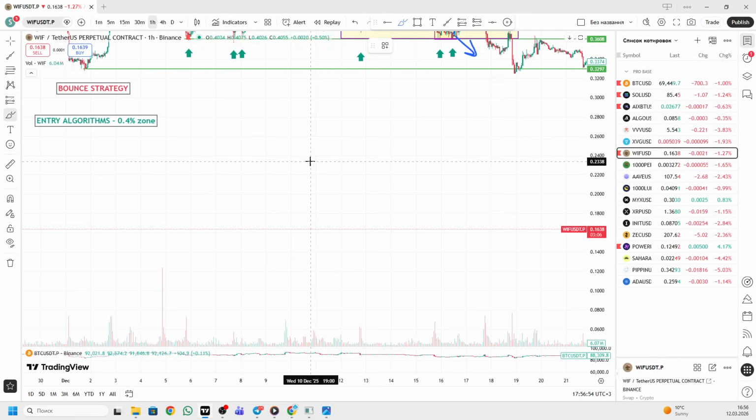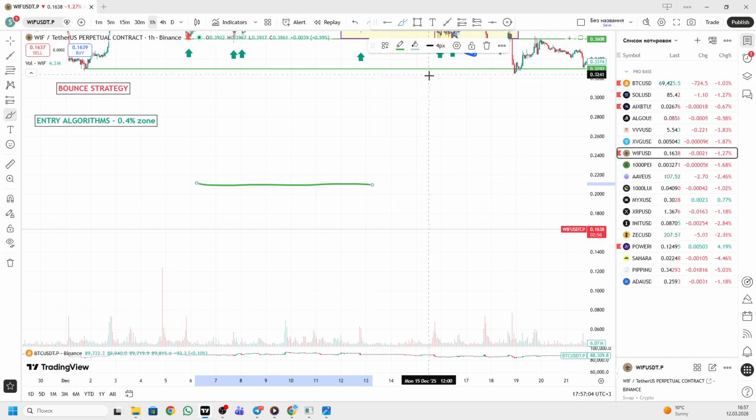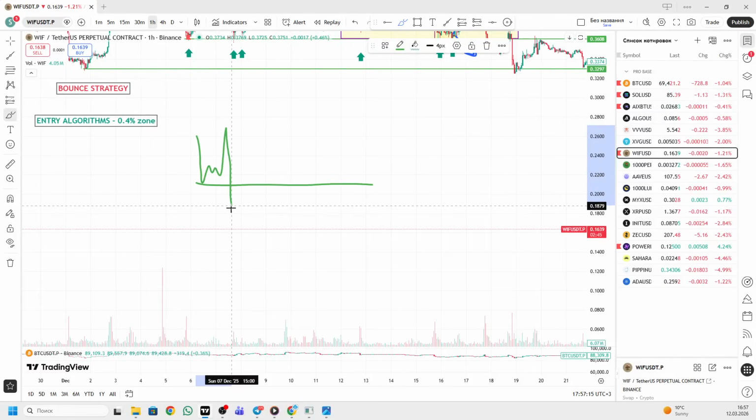Okay, let's draw it here, for example. We have a level. It's a multiple touch level, a strong level. Let's draw it like this. For example, here there was a wick of a candle.